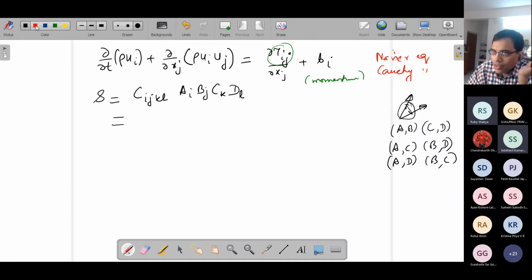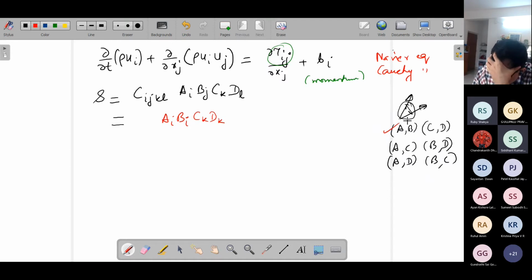Therefore, in terms of pairwise products, one of these will be AI BI. Let us say we use I for the index of A, J for B, K for C and L for D. So C D will be CK DL. This is one of the terms.